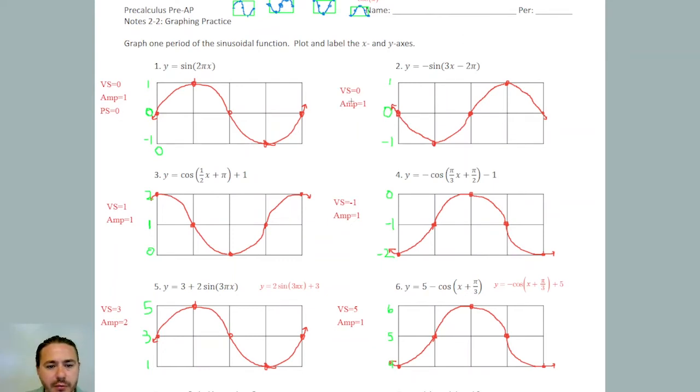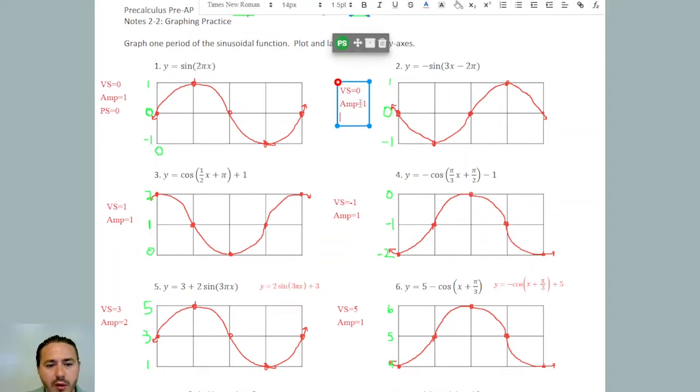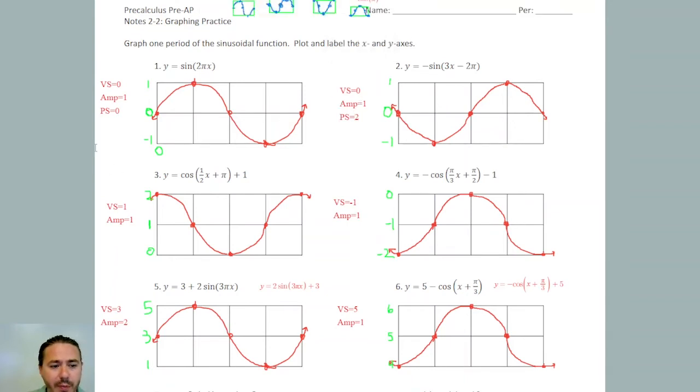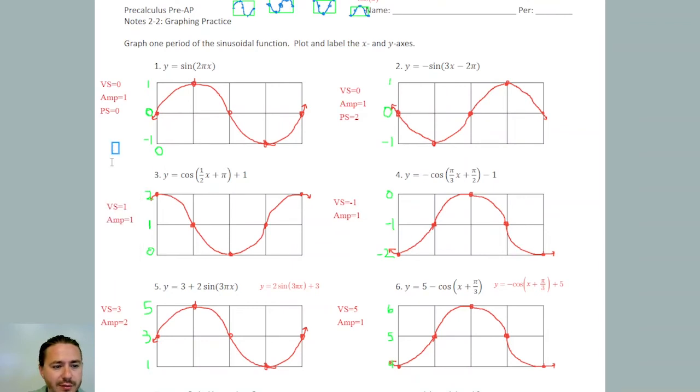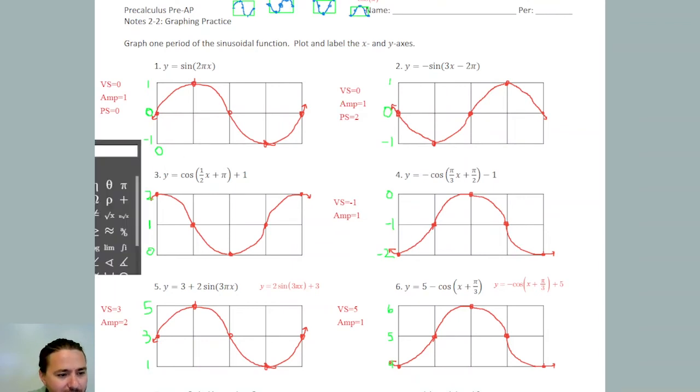For number 2, the phase shift is going to be C over B, so that's going to be 2 pi over 3. I'm going to have to grab a pi here. I'm getting hungry. Okay, anyway, where's pi? Come on, give me that pi.